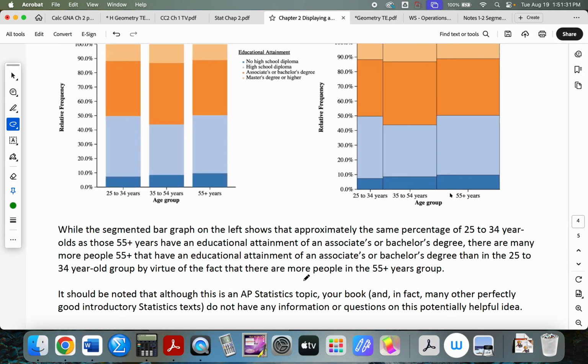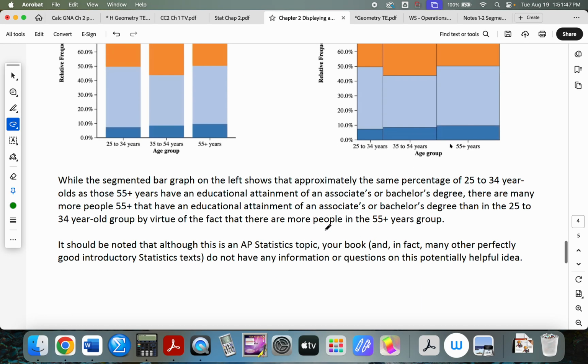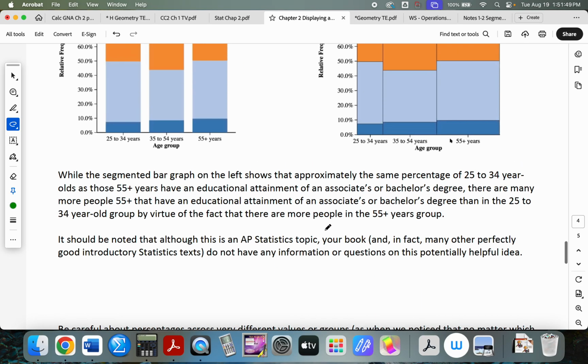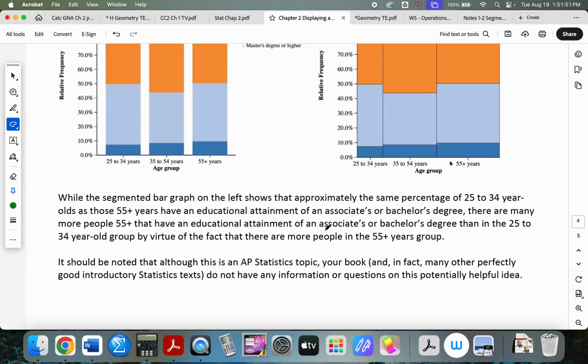So, just as a note, and I think it's just what I just said, although this is an AP statistics topic, your book, and in fact many other books, don't have a particularly lot about it. We'll do another example of those later on when we do some examples from this chapter, and that'll be about it.